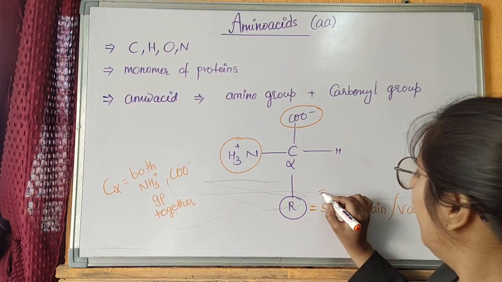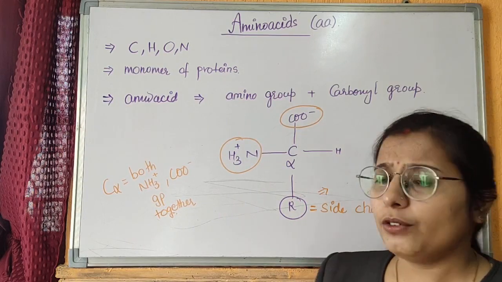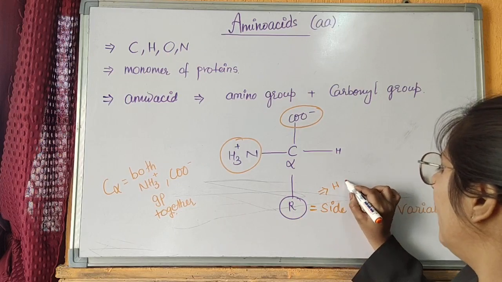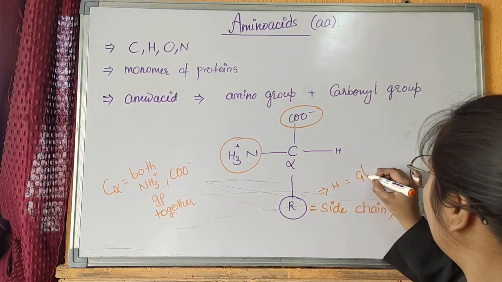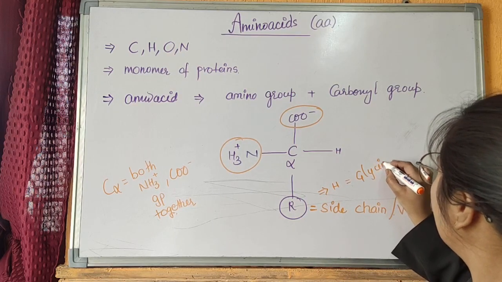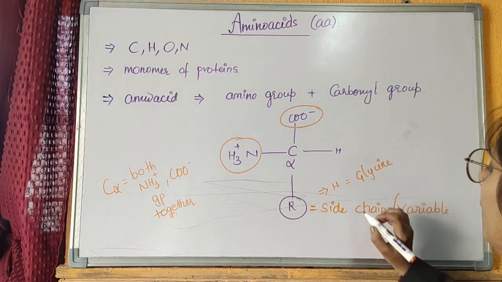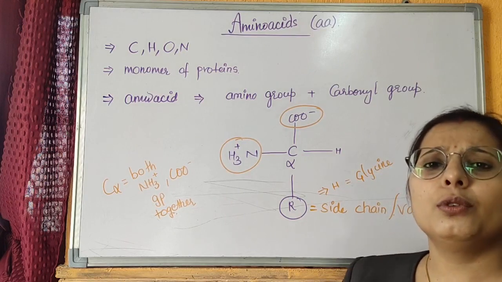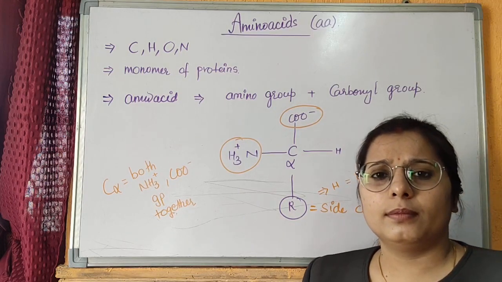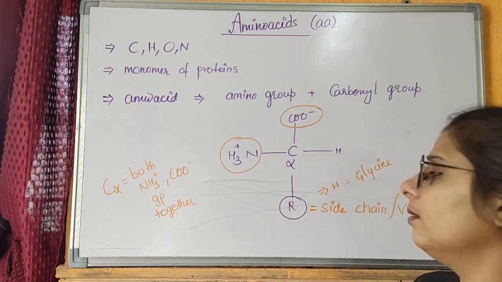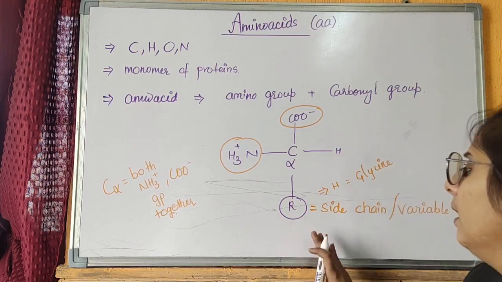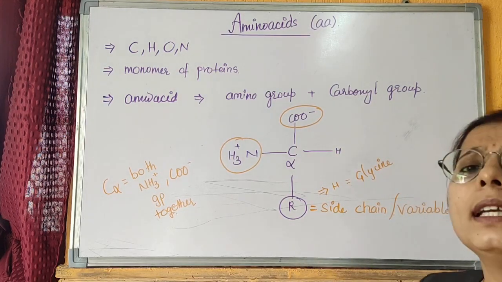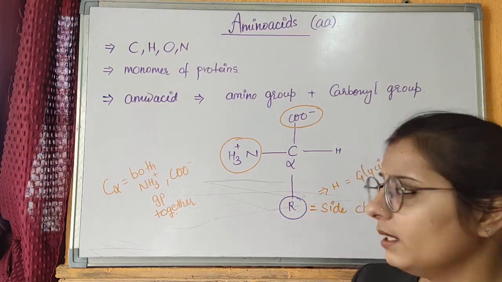When at the place of this R variable group hydrogen is present, then it is called glycine, the simplest amino acid. When it is replaced by CH3, CH2 or other carbon and hydrogen molecules or methyl groups, then they make different types of amino acids.